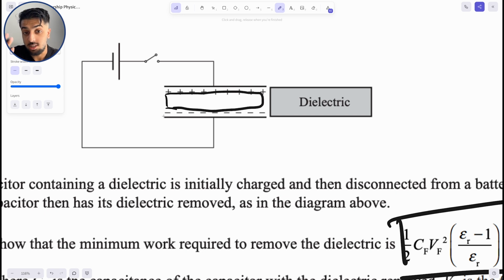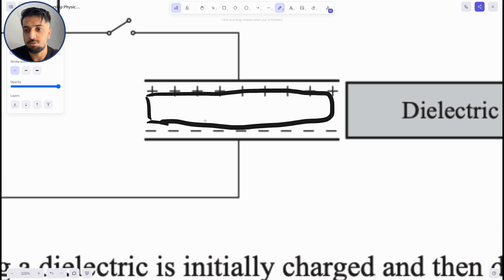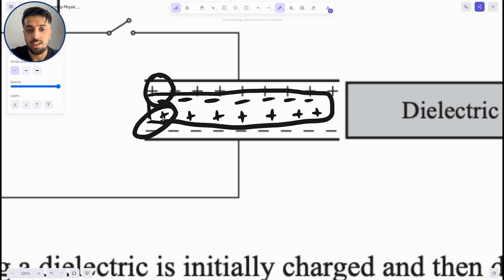When the dielectric is in the capacitor, it is polarized, meaning that the negative charge in the dielectric orientates itself towards the top or towards the positive plate of the capacitor, and the positive charge orients itself towards the negative. So because of this, there's going to be electrostatic force between the positive and negative over here and the positive and negative over here. So in order to remove the dielectric, work needs to be done to overcome this force. And so we can write that in.